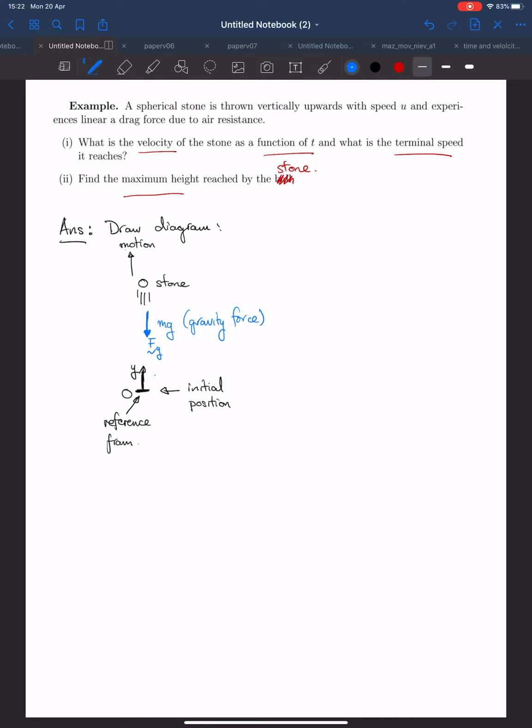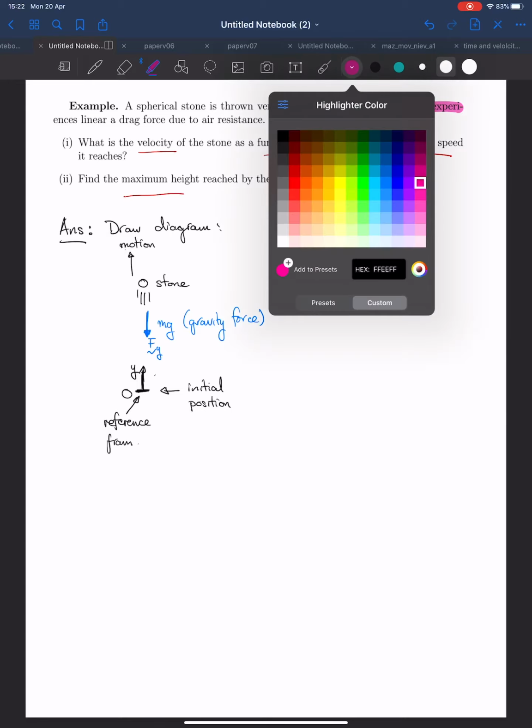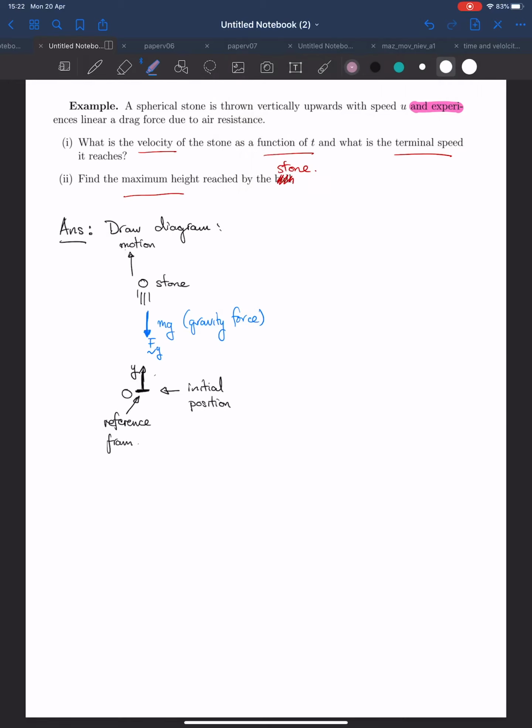And also, what we're told is the stone experiences a linear drag force due to the air resistance.